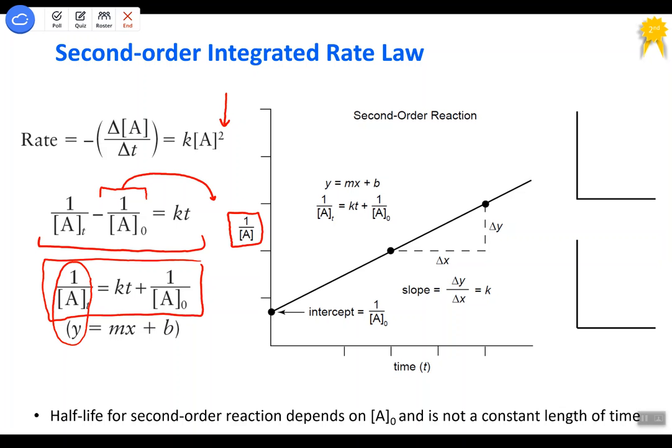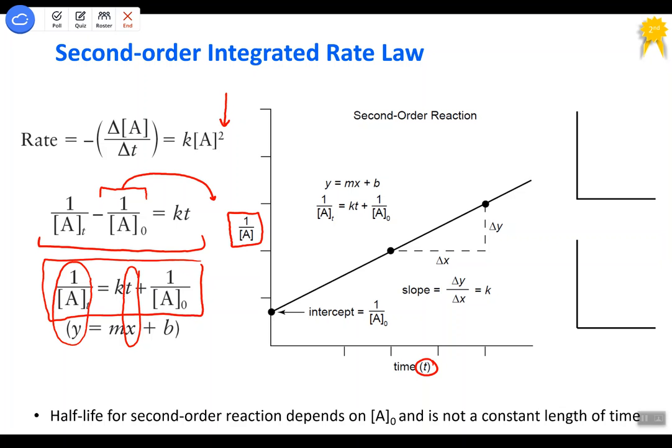and when I do that, I get a straight line. If I get a straight line when I do that, I know that this reaction's occurring according to second order kinetics. Now it looks a little weird. We have a positive slope here as the reaction proceeds. Let's just say x is time t again. That's kind of old news. As the reaction proceeds, A should be decreasing, right? Because we're using up our reactant. So why do we have a positive slope?